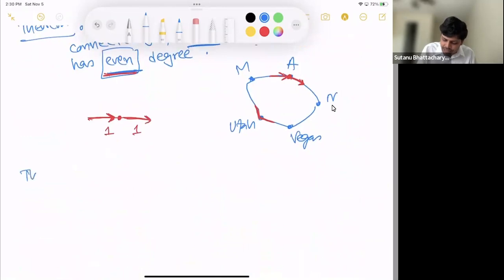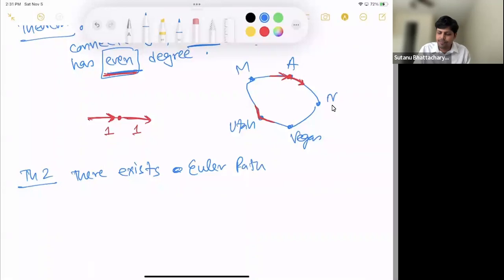So another theorem, theorem 2, would be: there exists an Euler path but not an Euler circuit if and only if it has exactly two vertices.